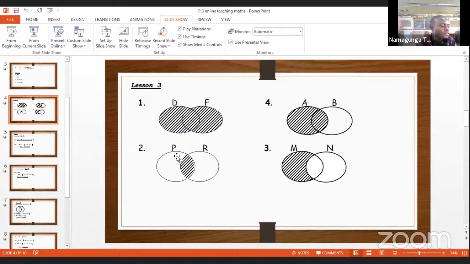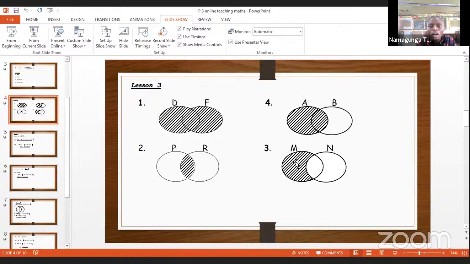They have told us, draw and shade the given regions. The first one is D union F. So here we drew everything. Then the next one, they were talking of set P intersectioning set R. You shade where the two sets meet. Here D union F, you shade the whole set.